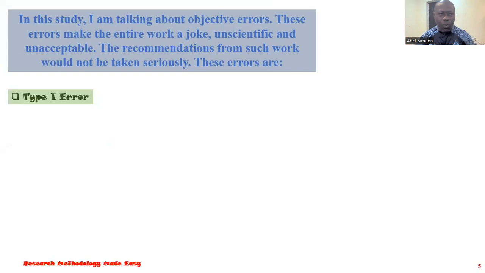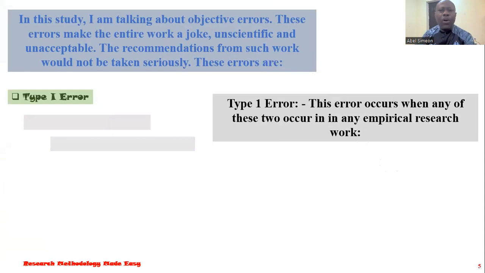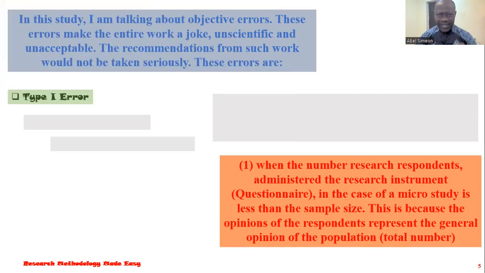What are these errors? Type 1, type 2, type 3 errors. Let's start with type 1 error. This error occurs when two things happen in empirical work. Number one, the number of research respondents is less than the sample size. By right, the number of people that you interview should be up to the number that represents the general population.